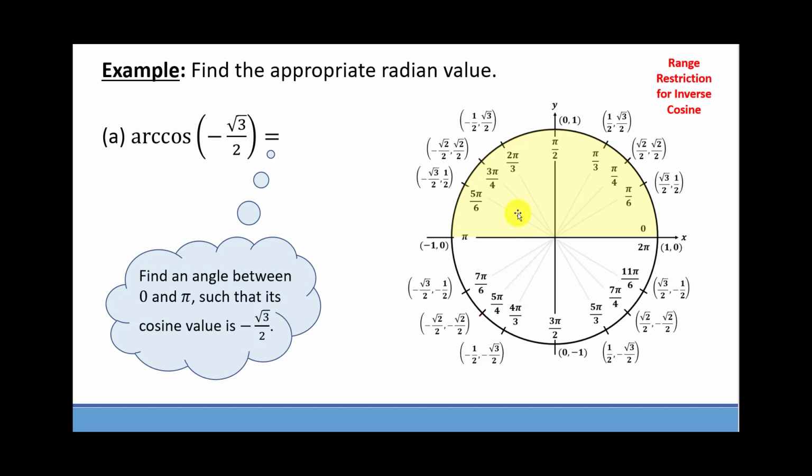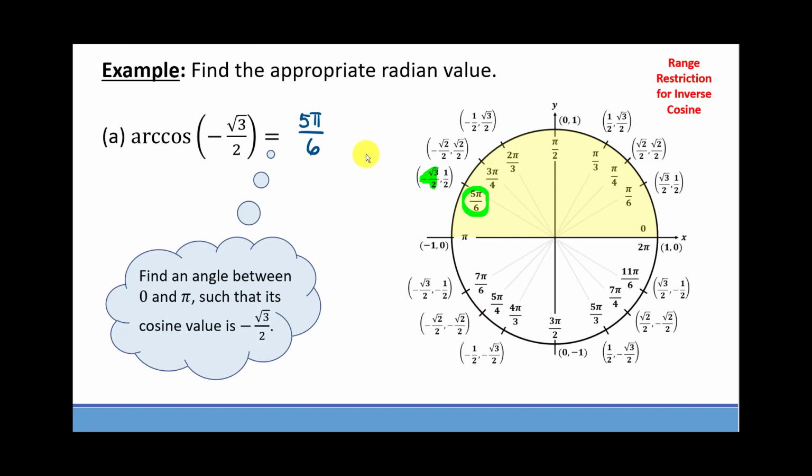We know that cosine values are represented by the x-coordinates of points along the unit circle. So here I can see the x-coordinate negative radical 3 over 2, and it corresponds to angle 5 pi over 6. That means that arc cosine of negative radical 3 over 2 is 5 pi over 6. So yeah, easy like that.